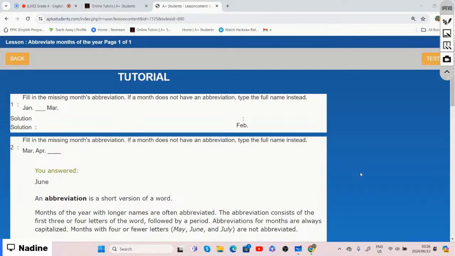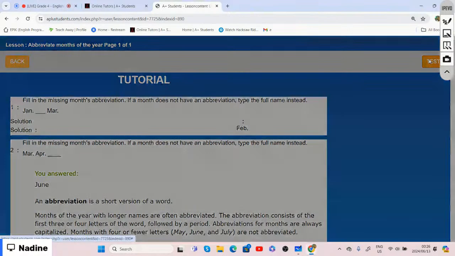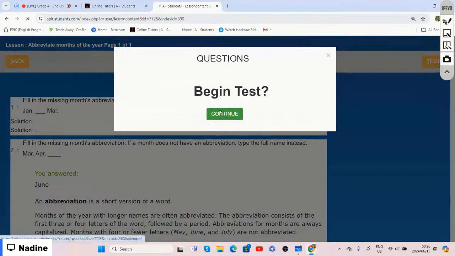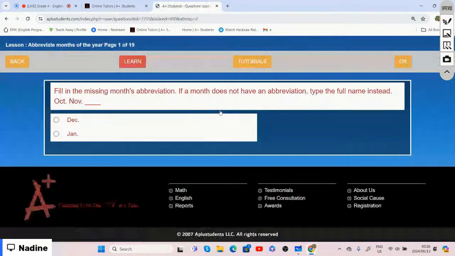So now let's go to our test where we are going to abbreviate the months of the year. We have October, we have November. Which one is the missing month of the year? Is it December or is it Jan?